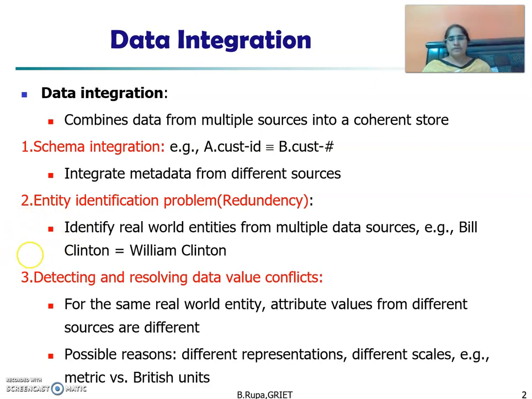The third issue is detecting and resolving data value conflicts. For a real-world entity, attribute values from different sources may be different. Obviously, we gather data from multiple sources, and the values from different sources may differ. The possible reasons are different representations and different scales, for example, metric versus British units.